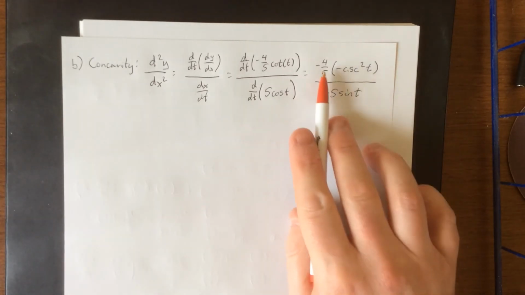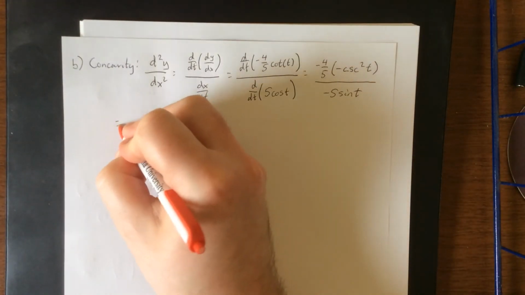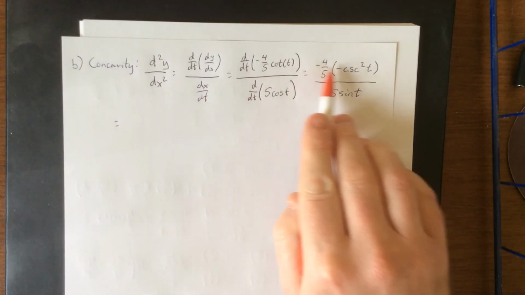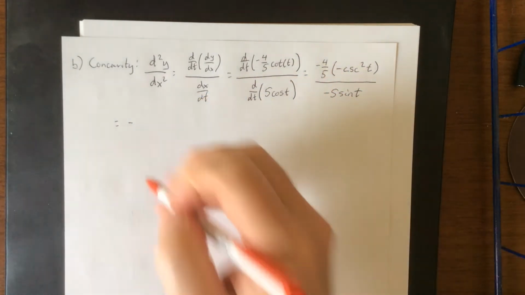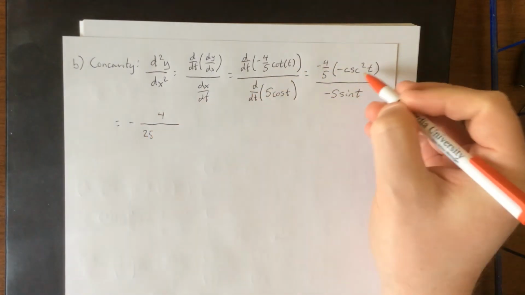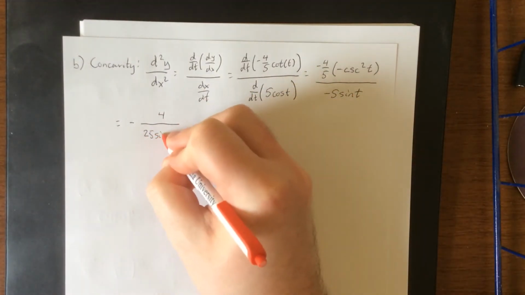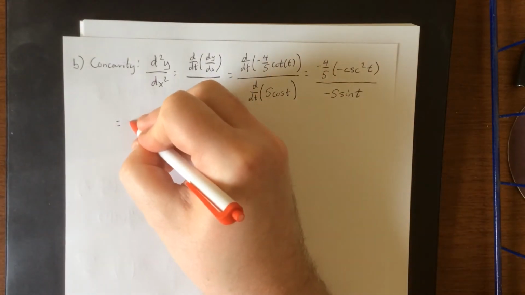And when we're dividing by this negative 5, it's like saying multiply by negative 1 over 5. So when all is said and done here, we are going to wind up with negative, negative, negative, 4 on the top, 25 on the bottom, and a total of 3 sines in the bottom. So that'll be sine cubed of t in the denominator.